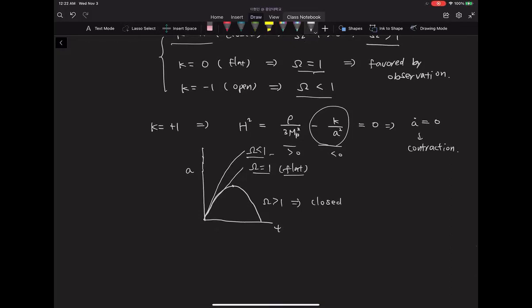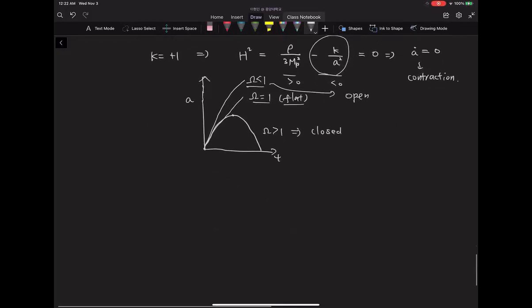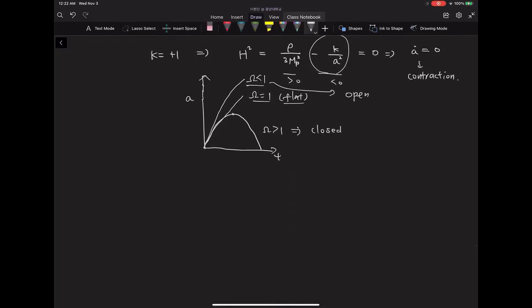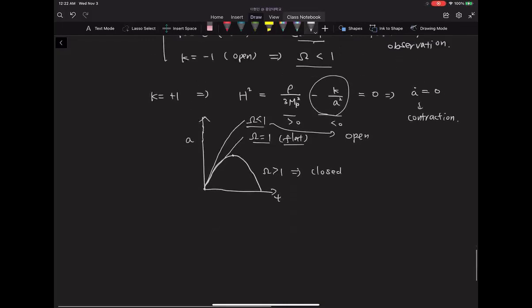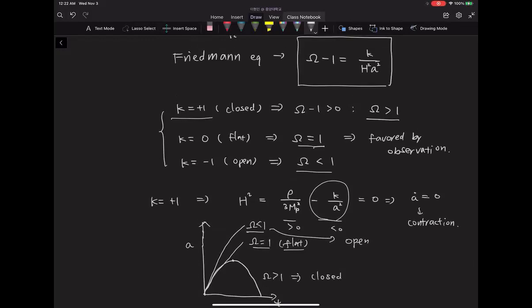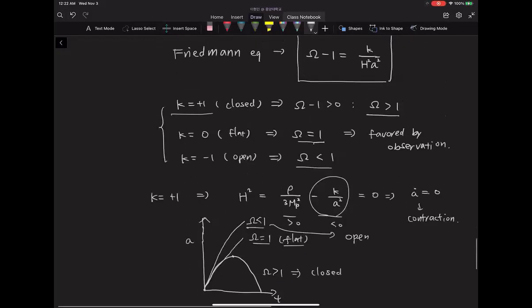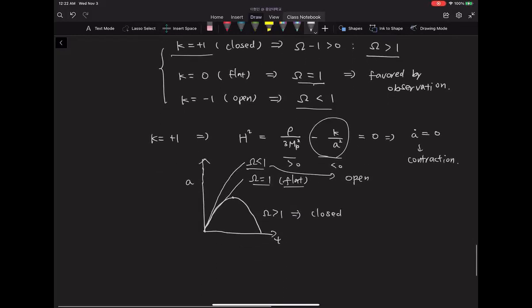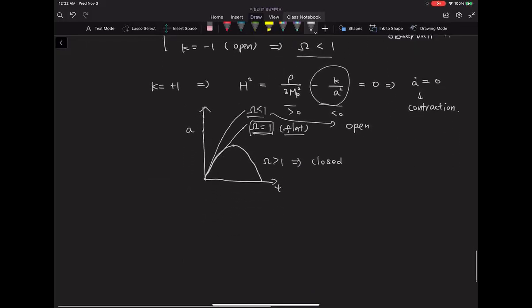This is the third case, the open universe. Depending on the value of the omega parameter, we can see the evolution of the universe. But currently, according to the observation, the flat universe, omega equal to 1, is favored.